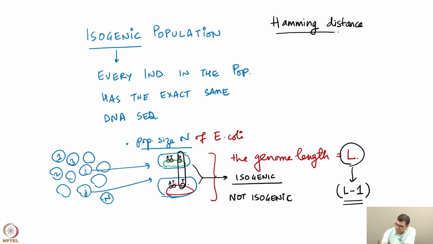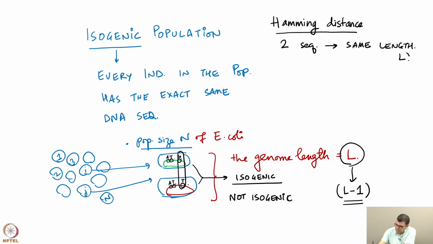So Hamming distance is defined between two sequences. Both these sequences have to be of the same length. If they are of different lengths, then Hamming distance is not defined.